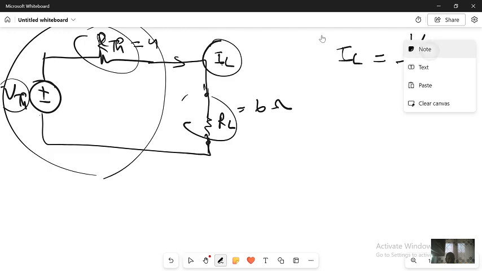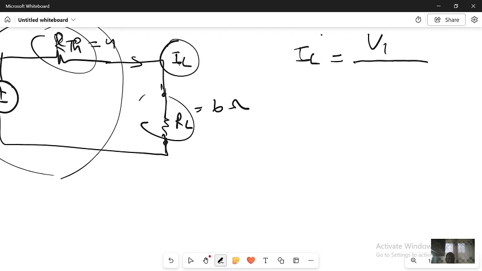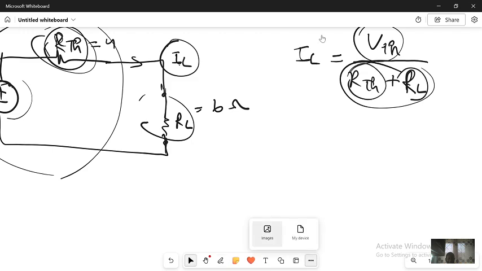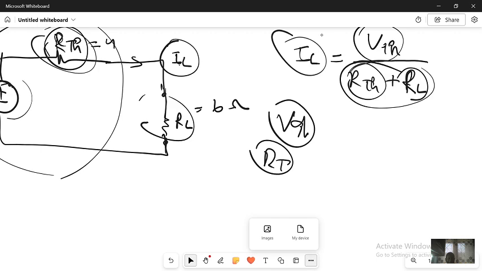So it will be VTh from Ohm's law, VTh divided by RTh plus RL, because the same current flows here. Just take the voltage of the source divided by the equivalent resistor, which, since it is in series, is the sum of them. So now I determined the current flowing in the load, VTh and RTh. Now I have already determined my Thevenin circuit.